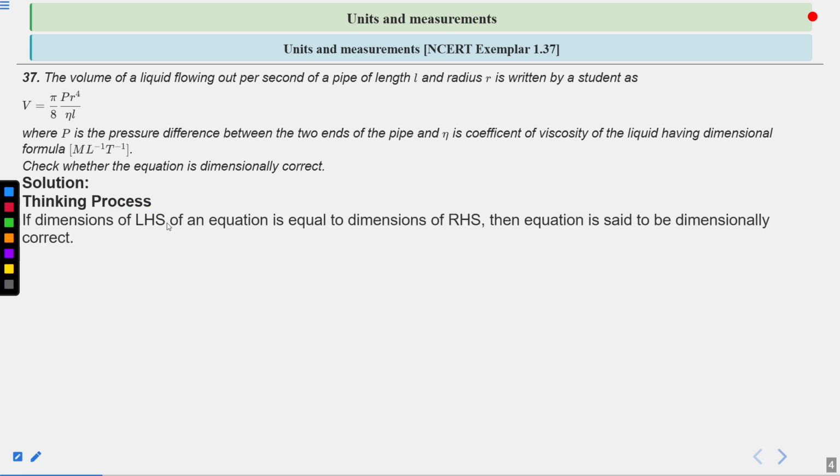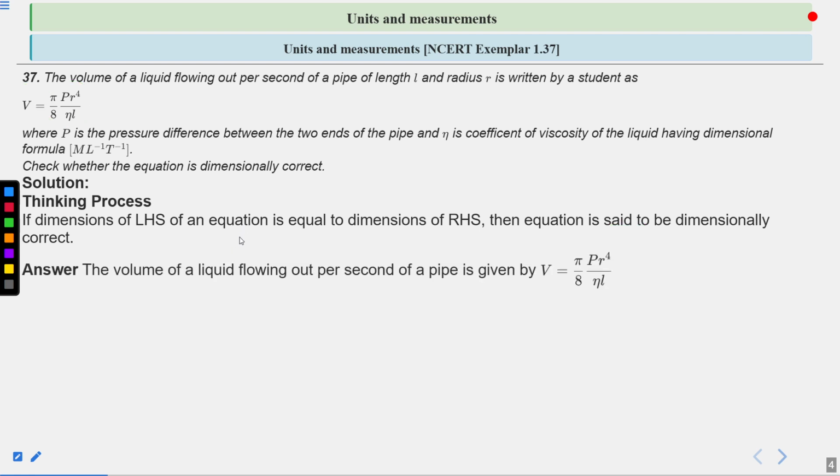If the dimensions of LHS of an equation are equal to the dimensions of RHS, then the equation is said to be dimensionally correct. Answer: the volume of liquid flowing out per second of a pipe is given by V is equal to pi P R raised to the power 4 divided by 8 eta L. So this is the volume that is given in this question.